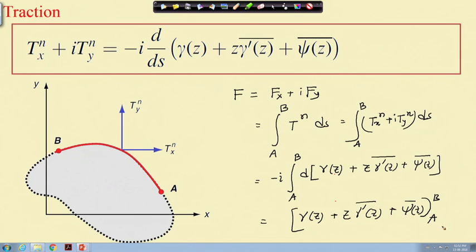In that case, we have to express the force like this. Okay.